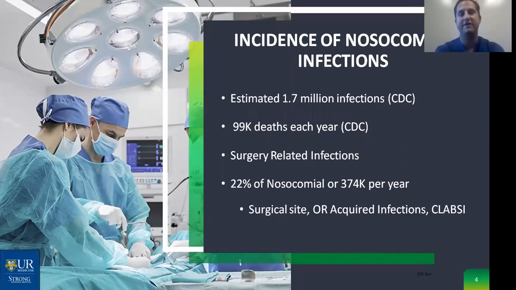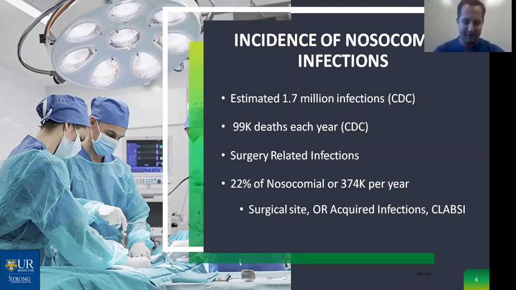Although we don't have specific anesthesia numbers, there are surgery-related infections, and these include surgical infections. Unfortunately, these are 22% of nosocomial infections. And that 22%, okay, we're not the biggest section of that, and Foley catheters are actually the biggest.